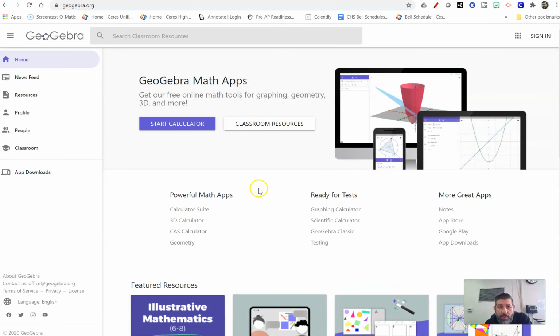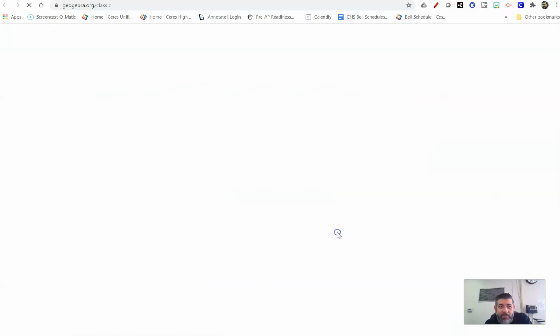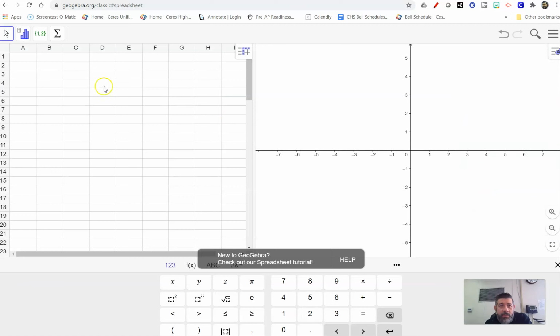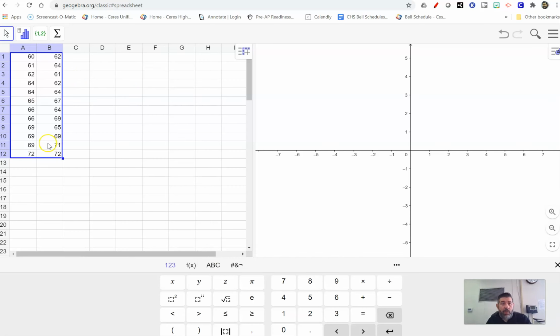So you're going to go to geogebra.org, and I like Geogebra Classic. We do Classic here, and we want the spreadsheet. All right, and then I'm going to enter in my data here. I already had them ready to go. I'm going to have my height data in column A and my wingspan in column B, because what I want to eventually do is predict the wingspan based on height.